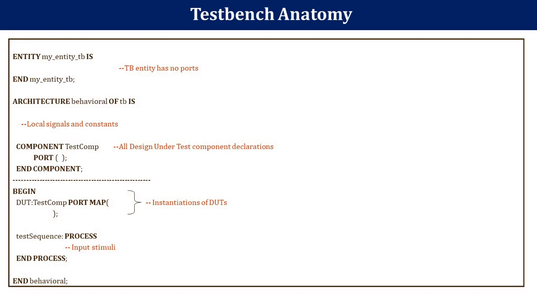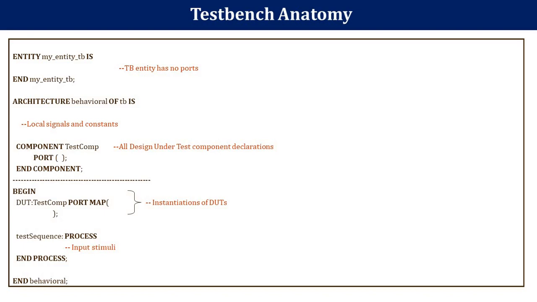For example, suppose your design under test has two inputs, A and B. Then you have to declare your input stimuli inside the process. A is assigned 0 and B is assigned 1, meaning these are the inputs you are going to apply to your design under test. After that, end of the process and end of the behavior.